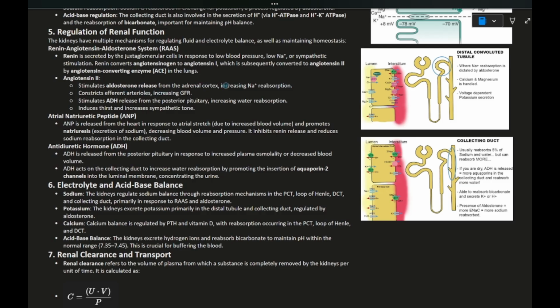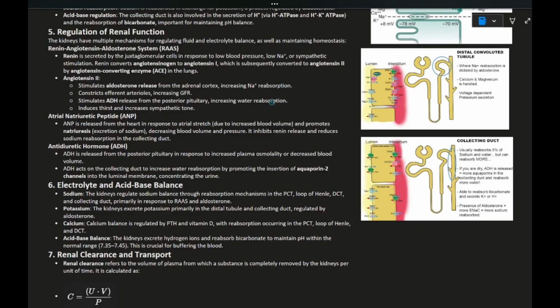And remember that we said that aldosterone is responsible for increasing sodium reabsorption in the distal convoluted tubuli and collecting duct. Angiotensin 2 will also constrict the efferent arterioles, which will help to decrease the glomerular filtration rate. It will also stimulate antidiuretic hormone release from the posterior pituitary, thereby increasing water reabsorption.